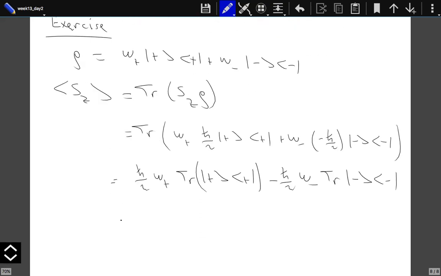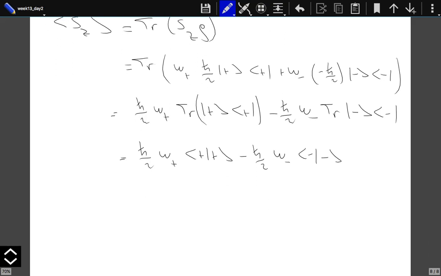These traces are nothing but, in a sense, that you just exchange the order of the brackets in your operator. Well, these are just normalized to 1. So the average of Sz is h bar over 2 times omega plus minus omega minus.